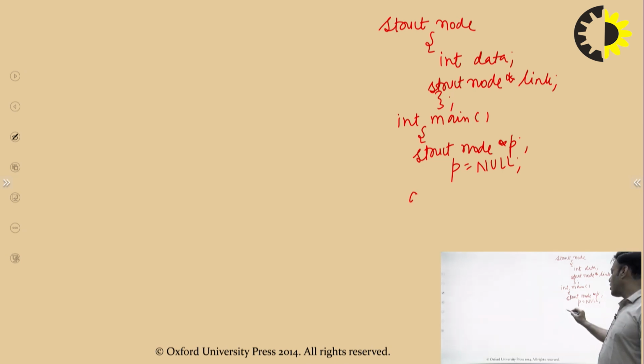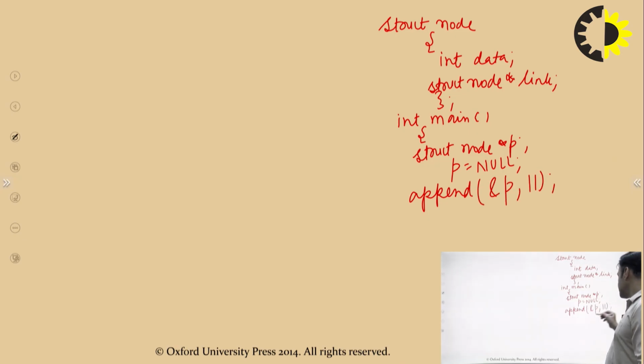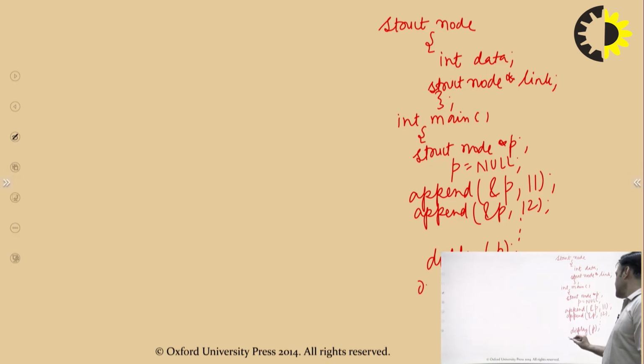Then I have called a function append, and I passed this p and some value, 11, the first time. Again I called this append function with 12, for example. Then I display, using traversing, the values of p. Return 0. So this is my main module.